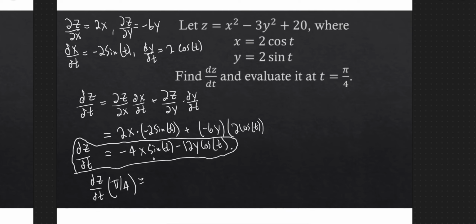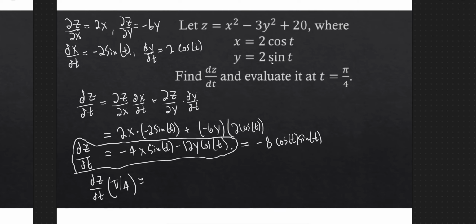So this is an interesting thing. Look, I have x's and y's here. I just said dz/dt was a function of a single variable t. But here are x and y. It looks like it's a function of 3 variables. Well, we can go even further, because remember that x and y both depend on t. So x is 2 cosine t. If I bring that in, I'll have minus 8 cosine t sine t.